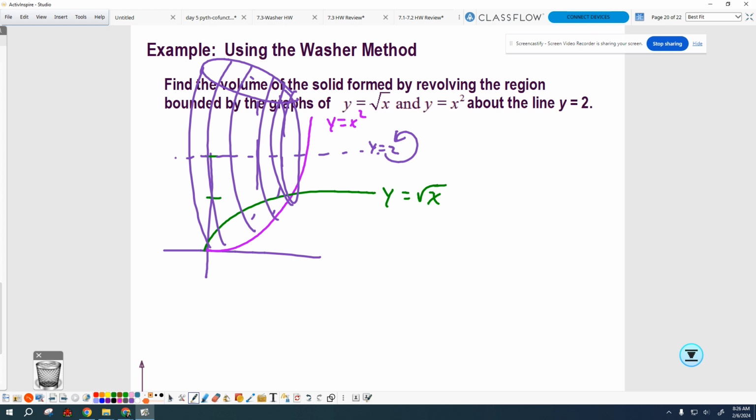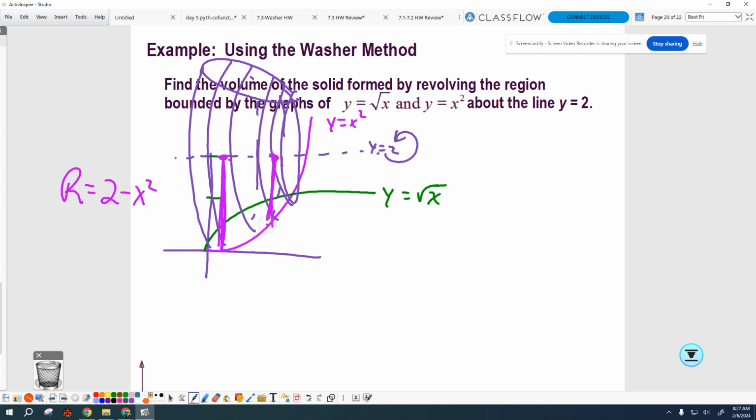Now it's a much harder question. The large radius is this guy. How do I get an equation for that? I just looked at it and it looks like negative x squared plus 2. Okay, I'm gonna do top minus the bottom, which is exactly what you said, but to me it makes more sense to say, all right, well, how long is this stick?